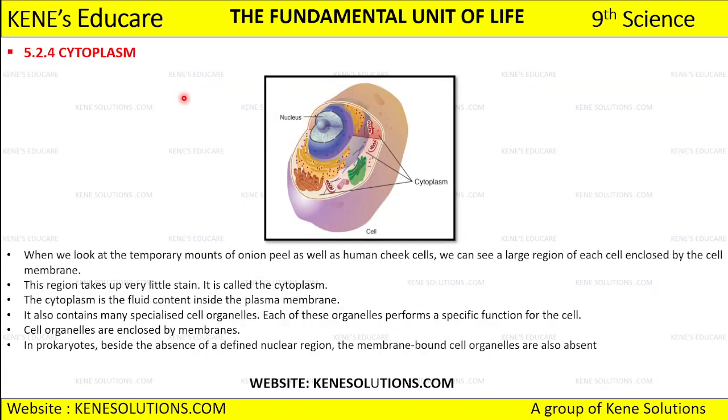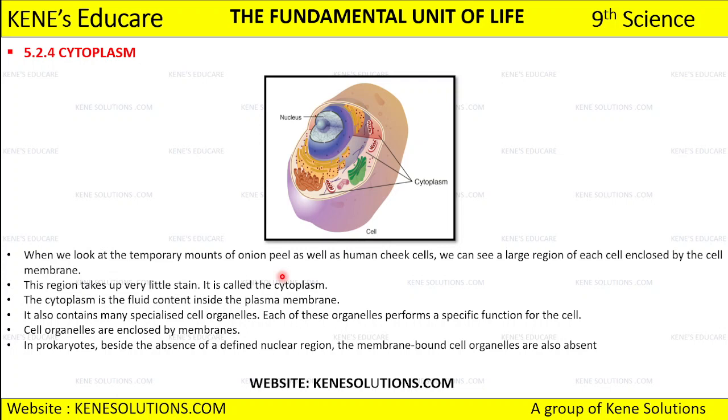after that हमने cytoplasm पे discuss किया, where we saw that when we look at the temporary mount of the onion peel as well as the human cheek cell, तो हम क्या देखते हैं? वहाँ पे एक large region होता है हर एक cell के अंदर which is being enclosed by our cell membrane. और ये region जो है, when you stain it, अगर आपको onion peel वाली activity याद है, तो वहाँ पे we stain that with the safranin stain, right?